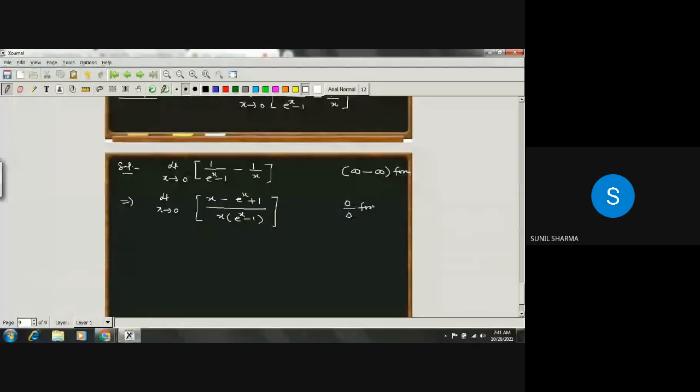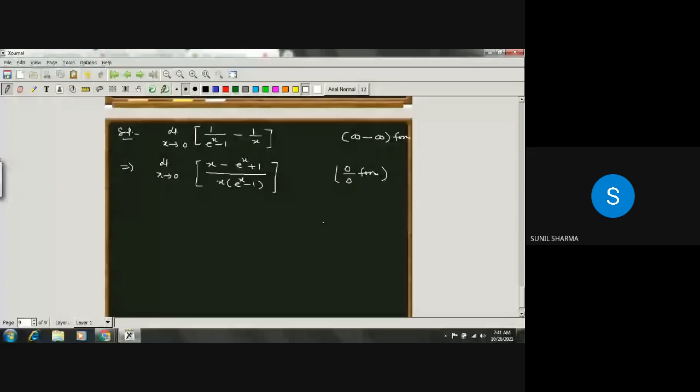And when we get function in the form of 0 by 0, we apply L'Hopital rule. So applying the rule, we get limit x goes to 0, what is the derivative of x?